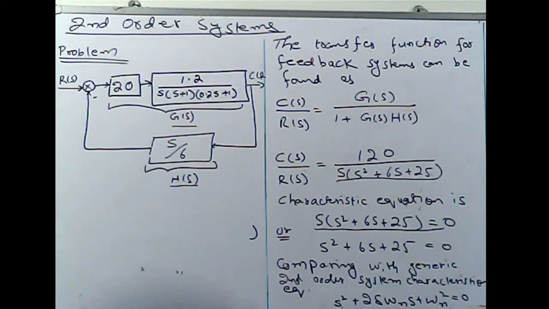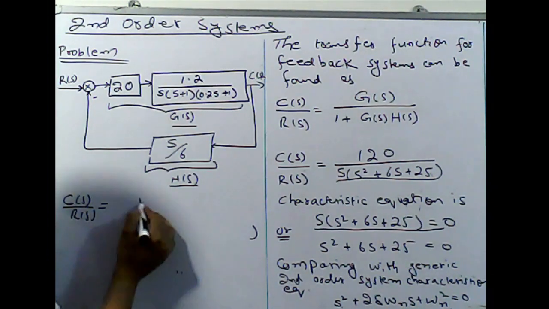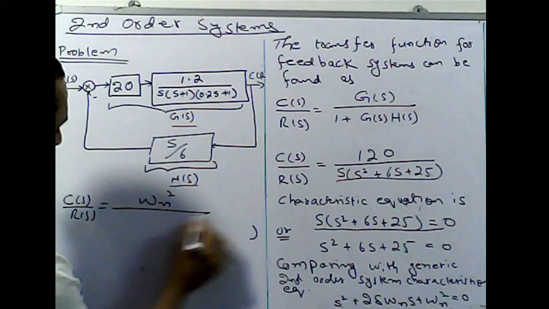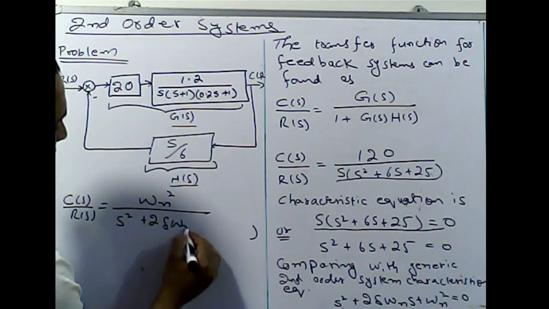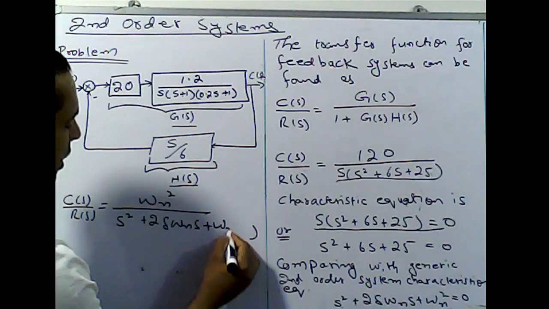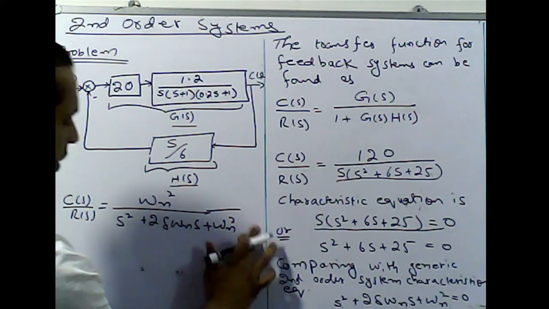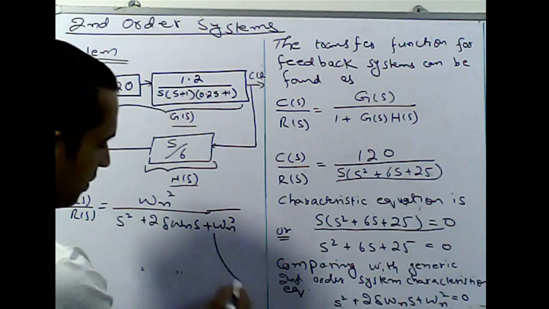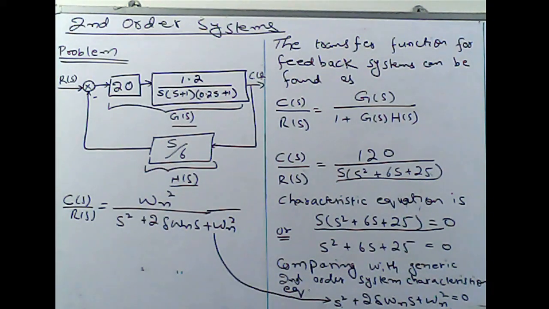The generic second order system transfer function is C of S upon R of S is equal to omega n square divided by S square plus 2 zeta omega n S plus omega n square. So we are simply using this characteristic equation of a second order system.